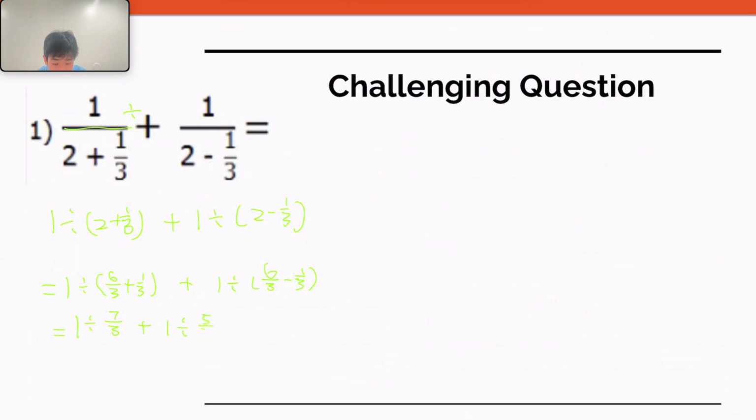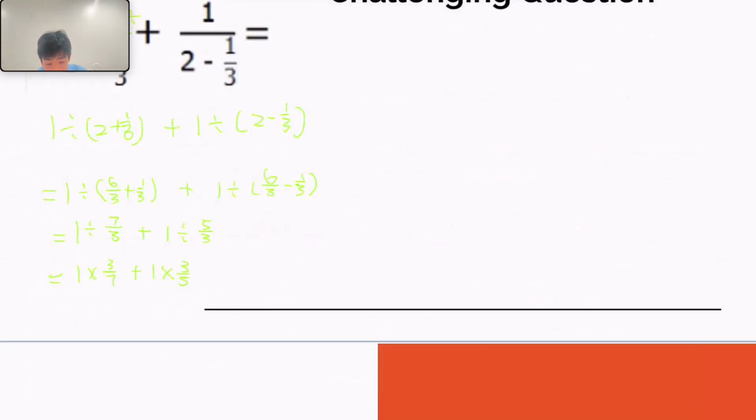This will become 5 over 3. So in this case, you multiply by the reciprocal of the second fraction. This will become 1 times 3 over 7 plus 1 times 5 over 3. So 1 times itself is just the number itself. So this will become 3 over 7 plus 3 over 5.